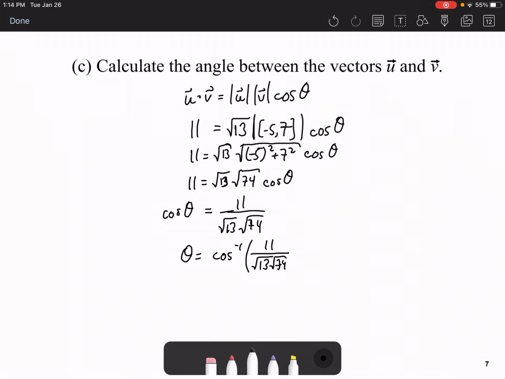Put those into your calculator exactly. Otherwise, your angle will turn out to be approximated even further and not be accurate. Plugging this into my calculator, working this value out, I get an angle of 69 degrees, approximately. And thus concludes this lesson 7.2.